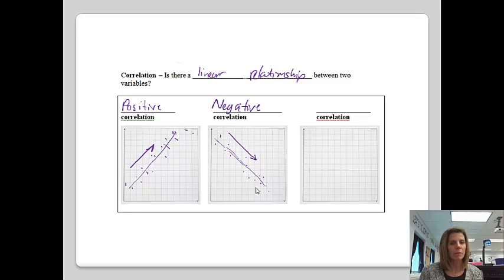So maybe the more time you spend on video games, the lower your test scores are going to be, or something like that. Okay, and then we also have one where there is no correlation, and no correlation might look something like this when you draw the data points. Those are all the data points that look like that. And notice there's no connection. You're not seeing a pattern between those numbers.